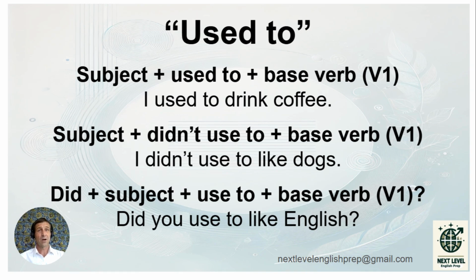The main verb also remains in the base form of the verb. I didn't use to like dogs. Did you use to like English? Notice that in the negative and question forms, we use use to, not used to, because did is already in the past.